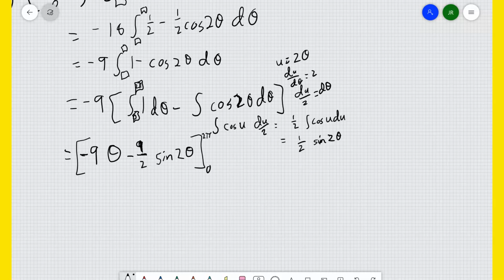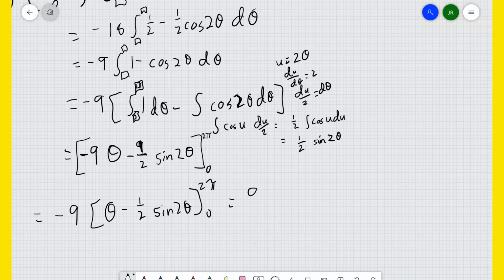Alright, now I don't think I'm going to factor out that 9 again. I should have just left it factored out. Theta minus 1/2 sine 2 theta. This theta goes from 0 to 2 pi.